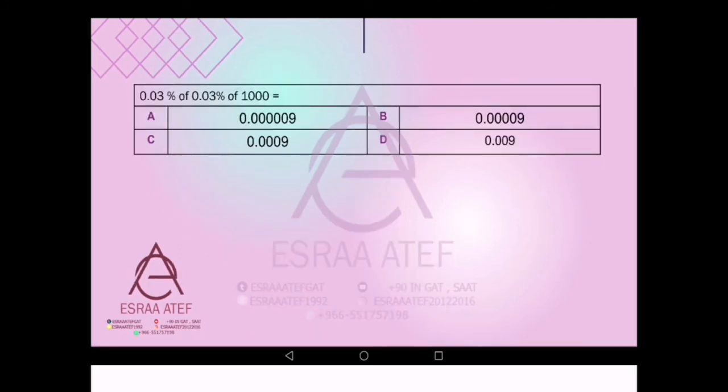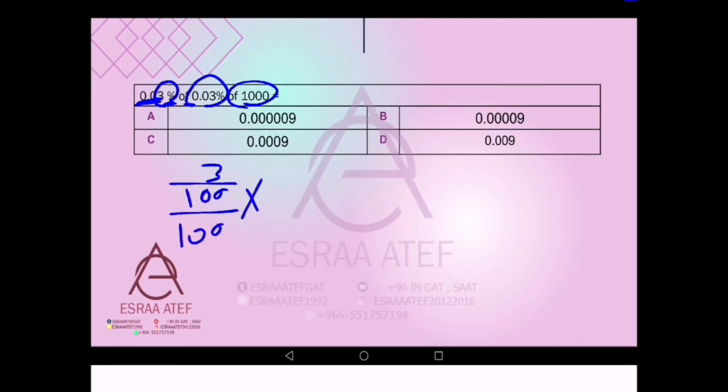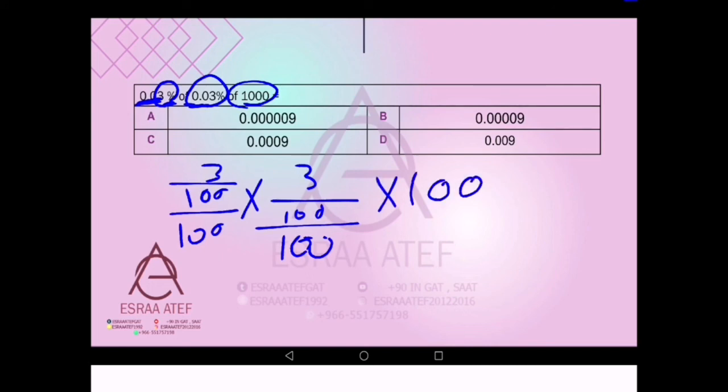Next one here. Okay, we have 0.03% of the same number of 1000. It means 3 over 100, which is 0.03, percent, which means dividing by 100 again, times the same. 0.03 means 3 over 100 percent, which means 100 the same, times 1000.